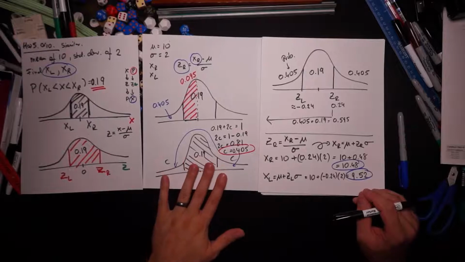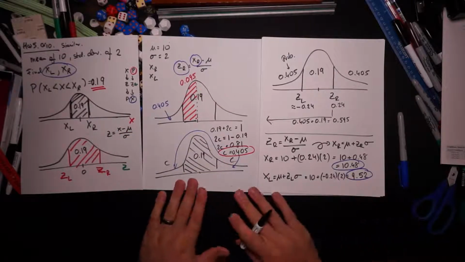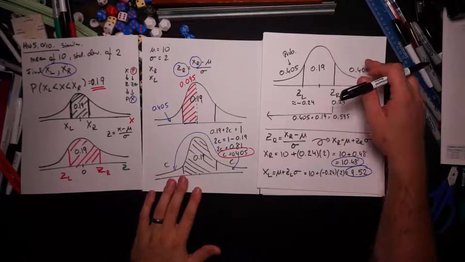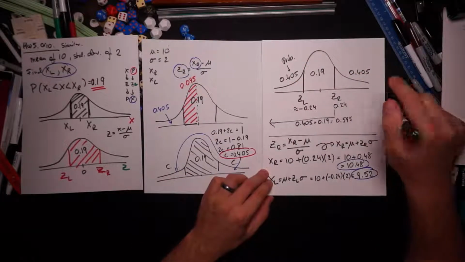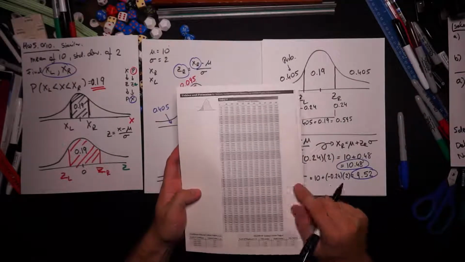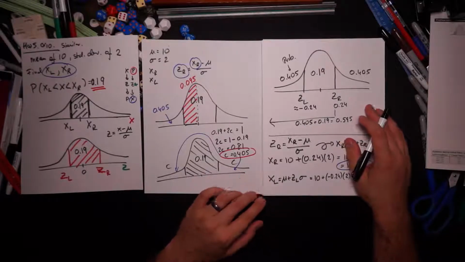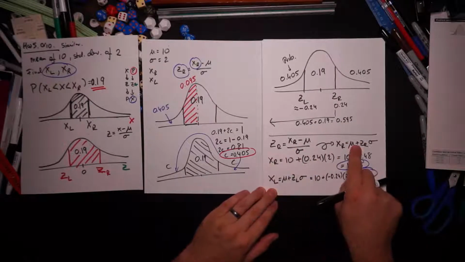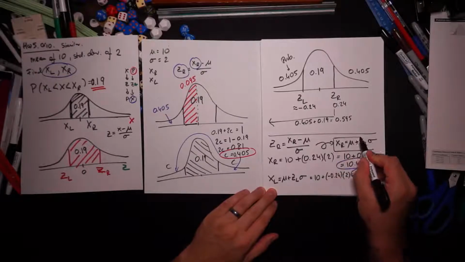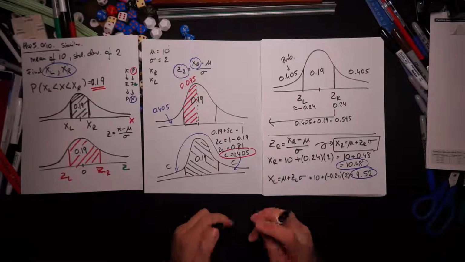This is the one that I advertise, but there are other ways to do it. Once you have this, you clean it up, you fill in the blanks, and then you find the z-scores using the table, or any table for that matter, the cumulative standard normal distribution. And once you have that, this is the formula, and then you just use it. So I hope this helps you with 10.